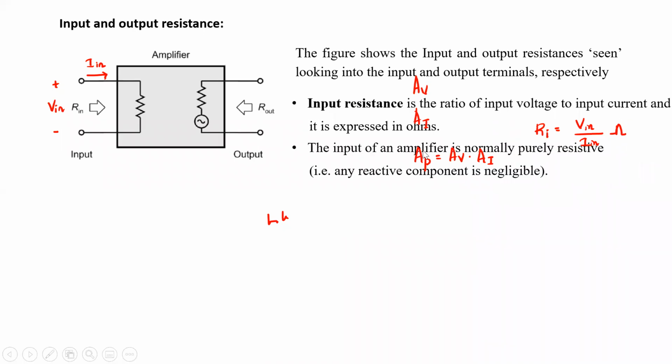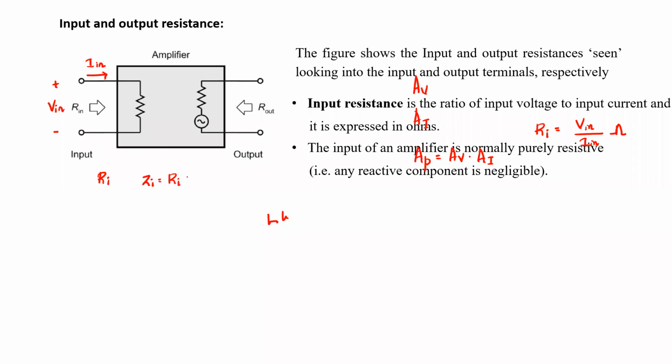Now, the input of an amplifier is normally purely resistive. That means the reactive component could be negligible. What does reactive component mean? Instead of Ri, we can even talk about Zi. What is Zi given by?